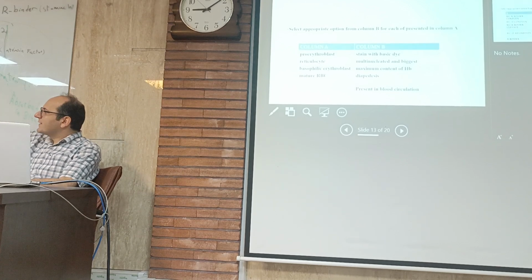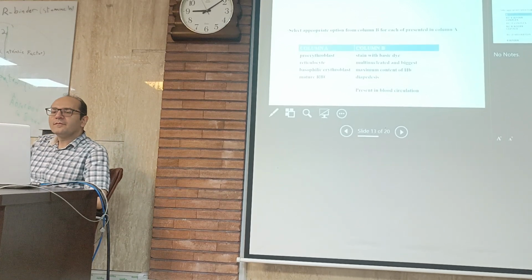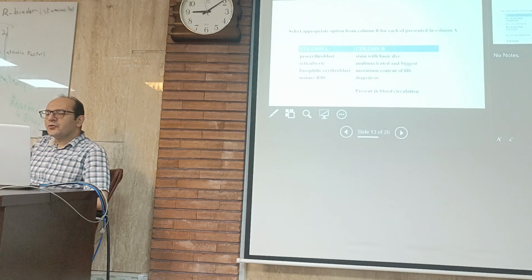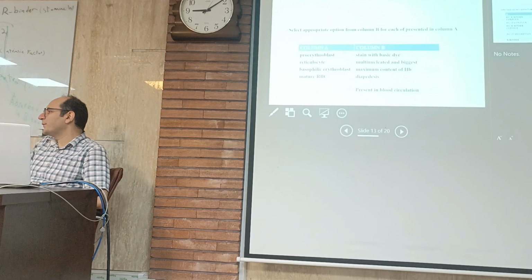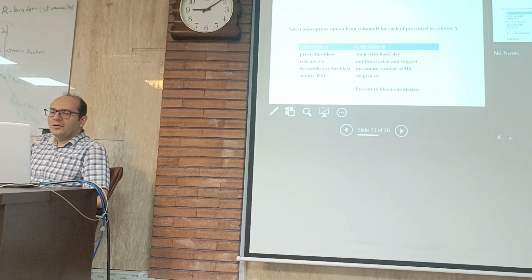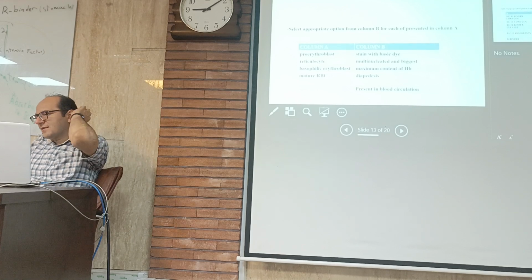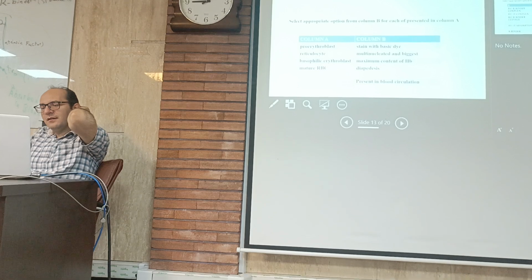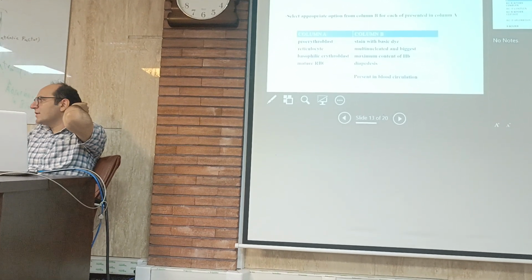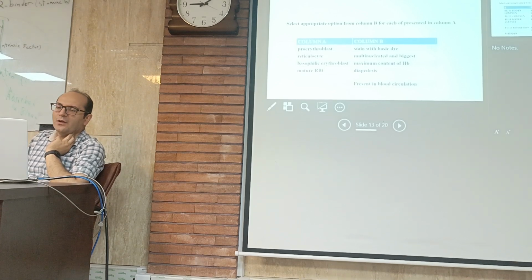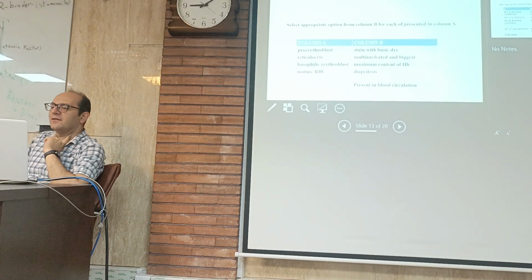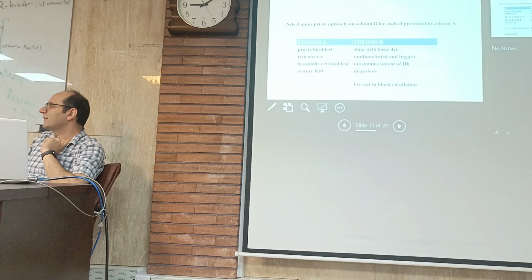All of you see this table. You should match each word of column A with the best option for column B. For proerythroblasts, which of them is correct? Yes, multinucleated and biggest. Okay? For reticulocytes, which of them is correct?